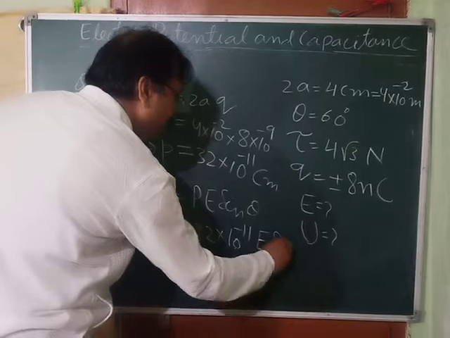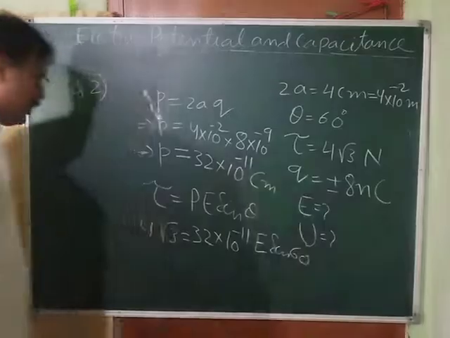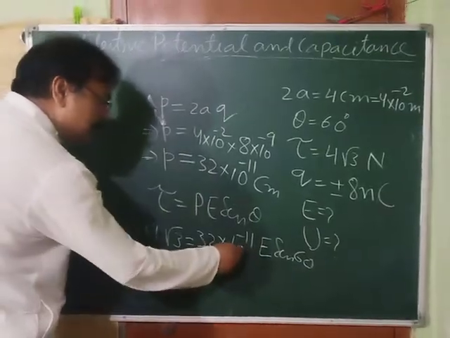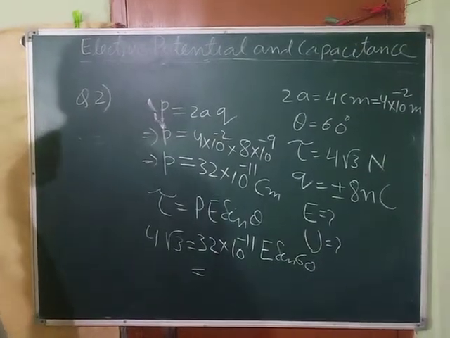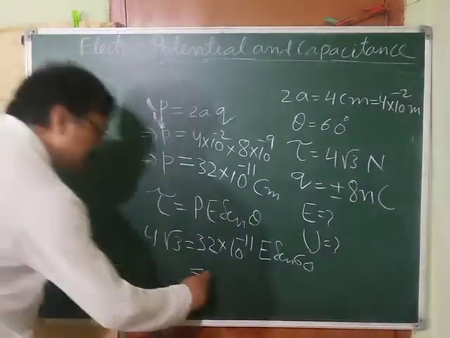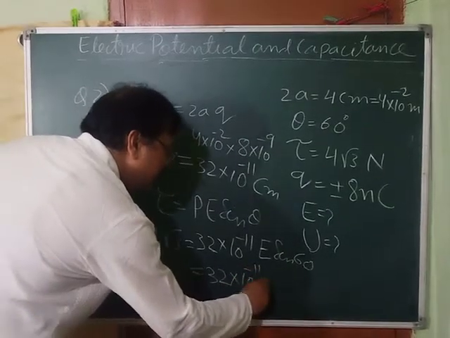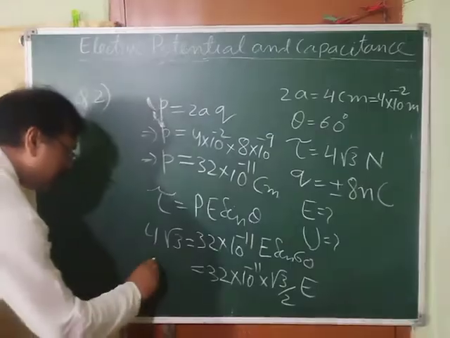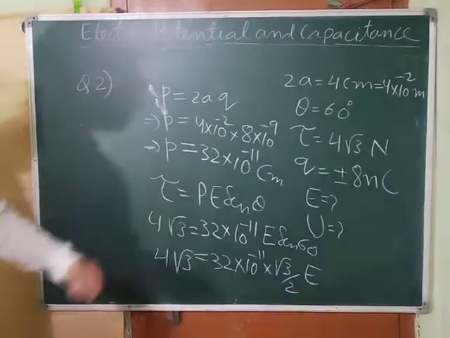Sine of the angle, which is 60 degrees. What is sine 60? Sine 60 is root 3 by 2. So what you will get: 32 into 10 raised to the power minus 11 into root 3 by 2 into E, and that is equal to 4 root 3.